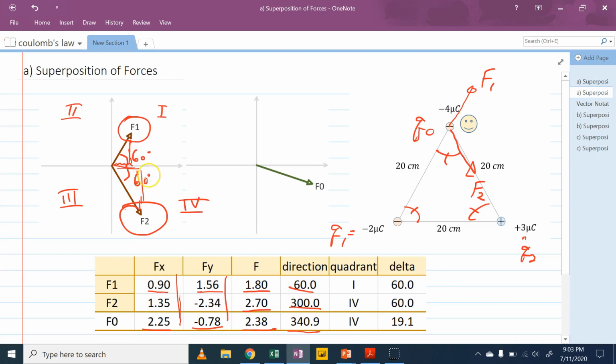For example, F2's standard angle is from positive x counterclockwise over to the vector, right? So that would be 300, knowing what quadrant it's in. And this angle delta is the acute angle in the right triangle. For F2, it was 60. So the direction's 300, but in a little right triangle, it's 60 degrees, right?